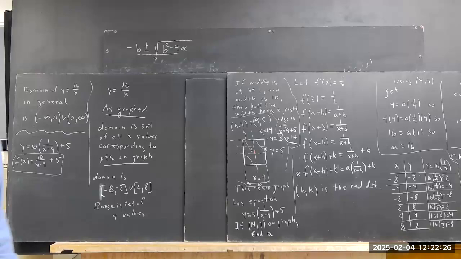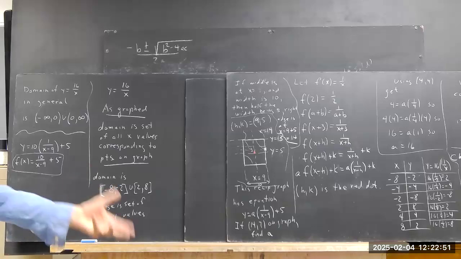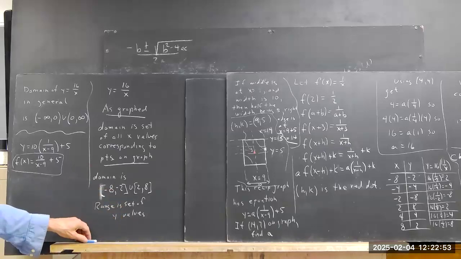What number cannot be in the domain? Anybody give me a number that we can't plug in here? 9, we can't plug in 9. Why can't we plug in 9? Because if we plug in 9, we have a 0 in the denominator. So when you're looking at some of the expressions, you look for denominators.